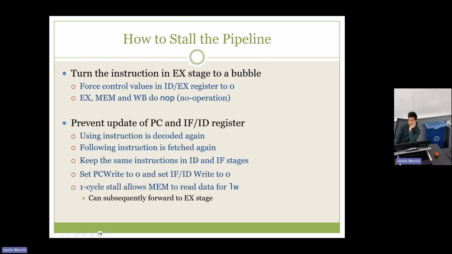And we keep those same instructions in their decode and fetch stages. And in order to stop the PC and this pipeline register from updating, in order to perform this stall, we just set their write signals to 0. And if the write signals are 0, they don't update, they keep their old value. And by implementing this one cycle stall, it allows the memory stage to be executed and the data from the load word to be available in our next cycle once we're executed.